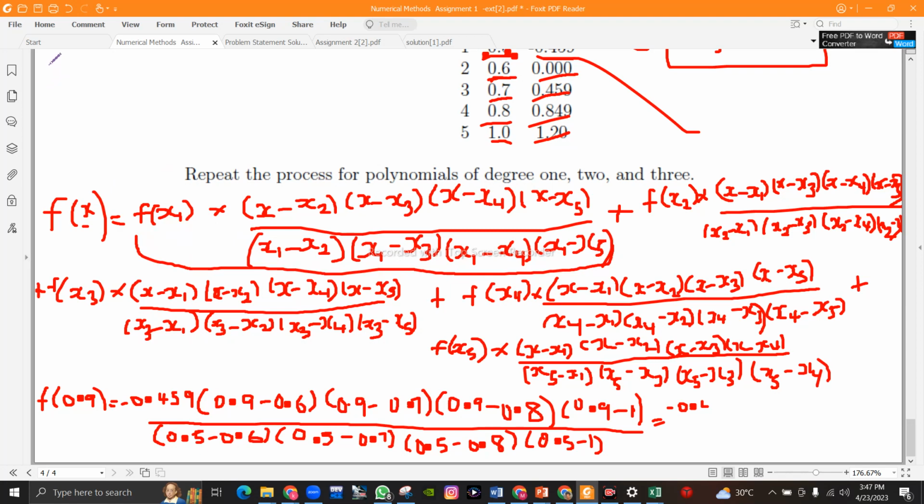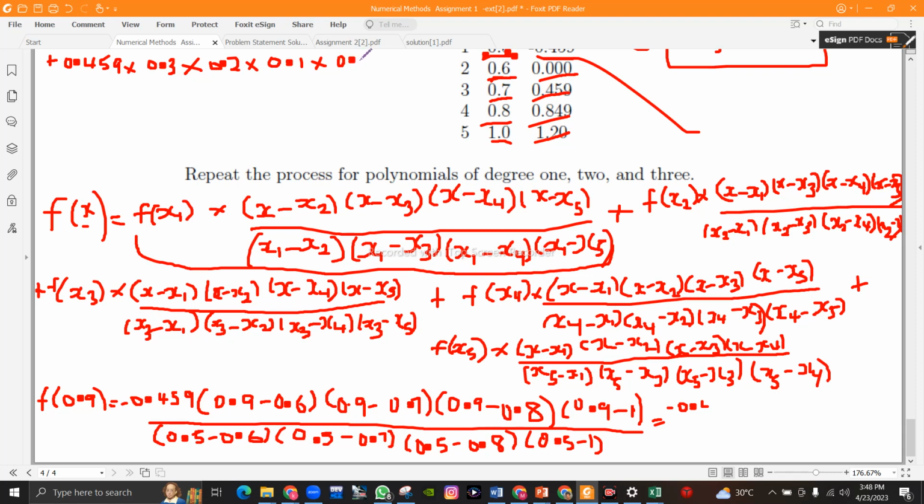That's minus 0.459 times 0.9 minus this, that's 0.3, times 0.9 minus 0.7, that's 0.2, times 0.9 minus 0.8, that's 0.1, times 0.9 minus 1, that's minus 0.1, a negative. Minus, so that minus will turn this to plus automatically, so this one will be 0.1 also.